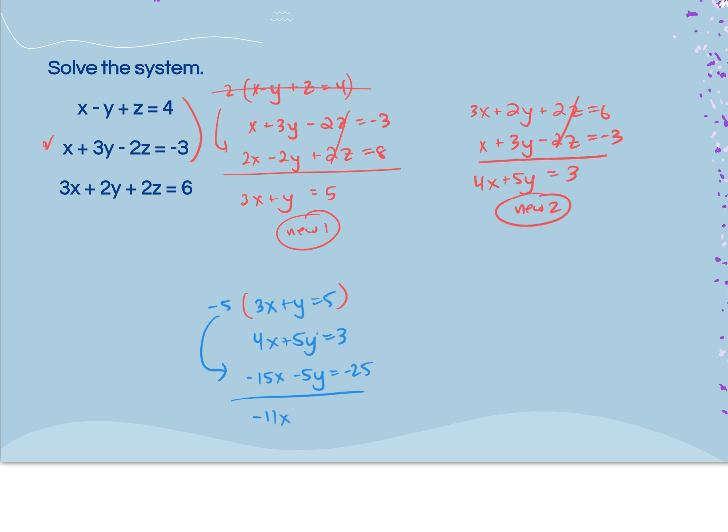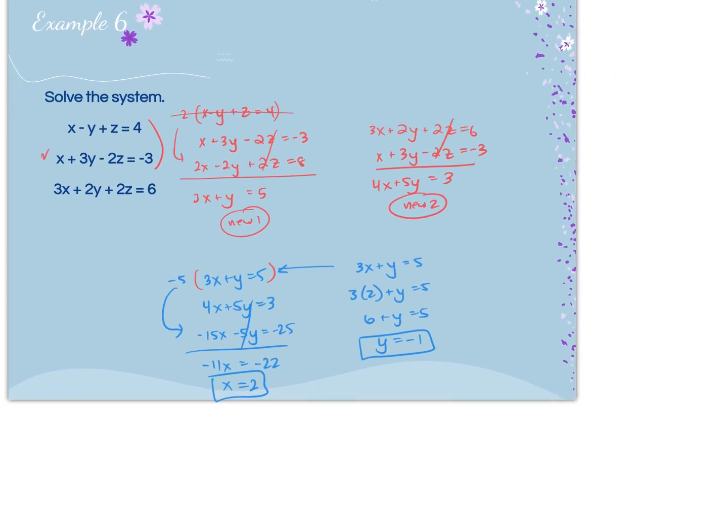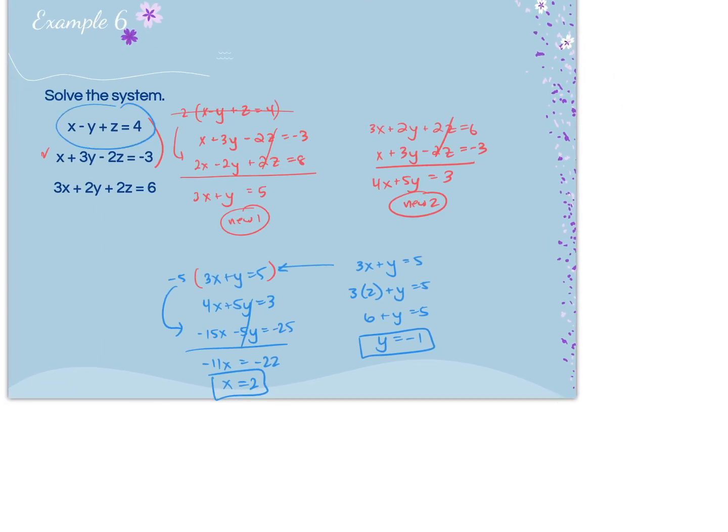Negative 11x, my y's cancel, equals negative 22. x equals 2. I have my first solution. I'm going to plug it into one of these. So 3x plus y is 5. 3 times 2 plus y is 5. 6 plus y is 5. y equals negative 1.